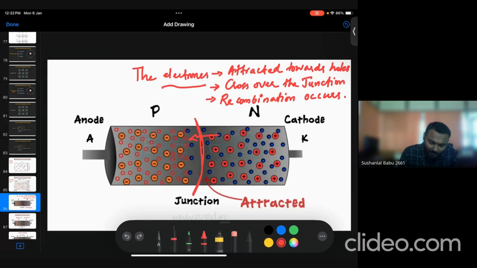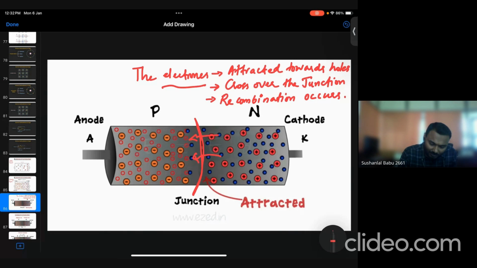Electrons are attracted towards the holes. That will happen because, being opposite, holes and electrons have a tendency to attract each other. So electrons are crossing the junction.